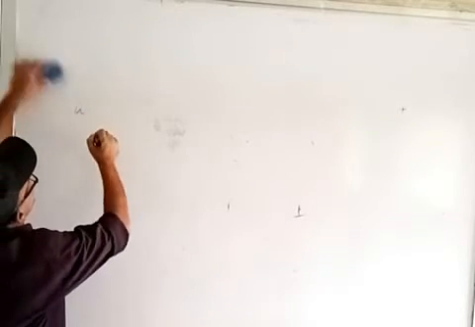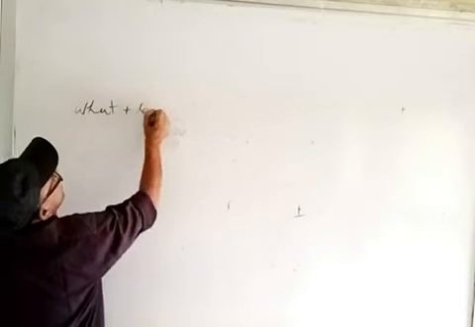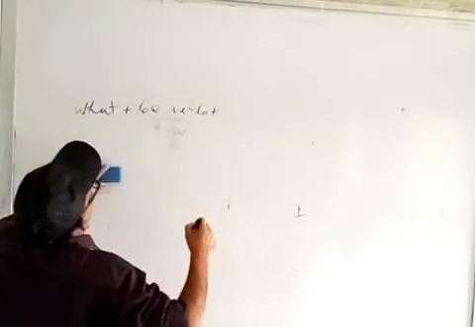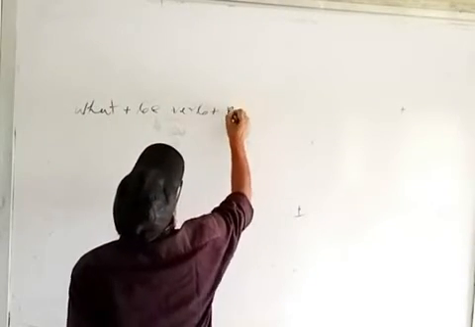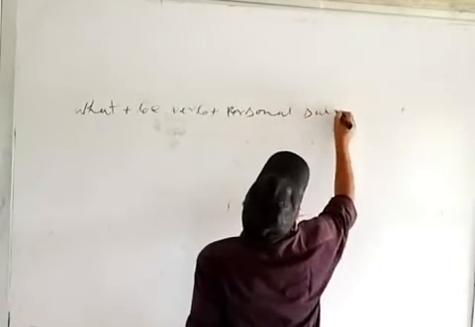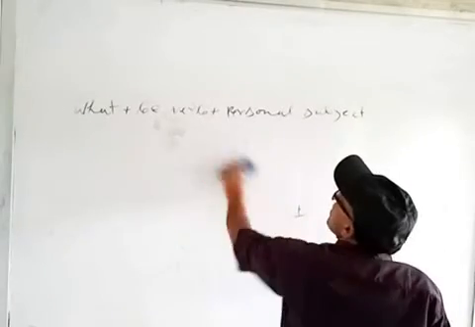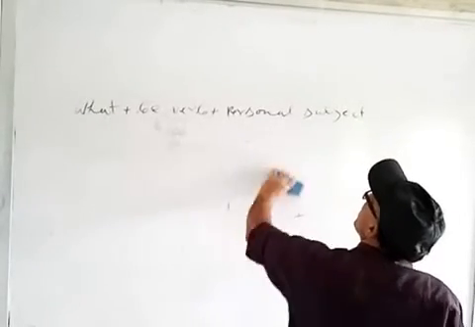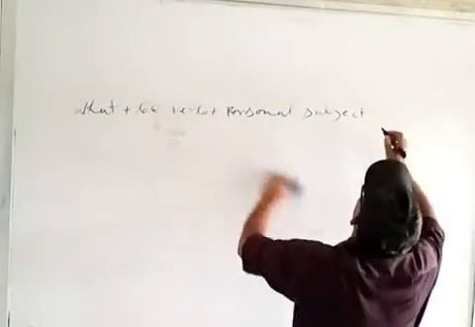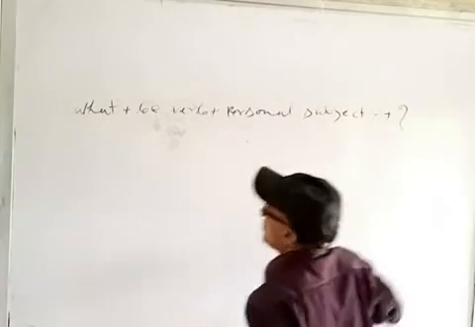In place of the profession, you have to use what, plus verb plus personal subject. And if you see anything more, you have to write that. Then you have to use note of interrogation.